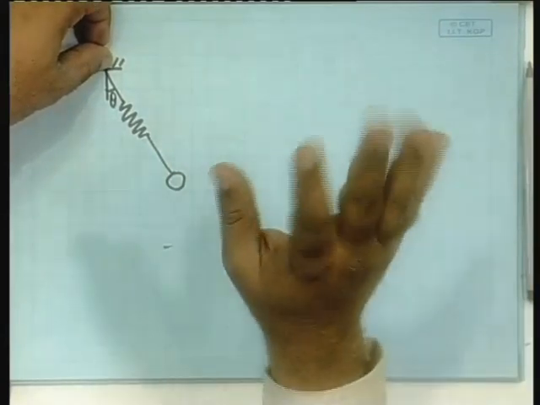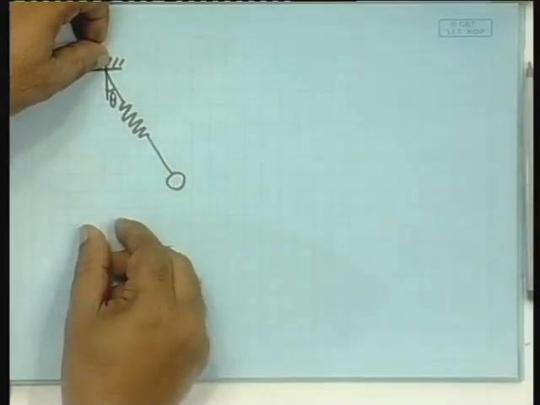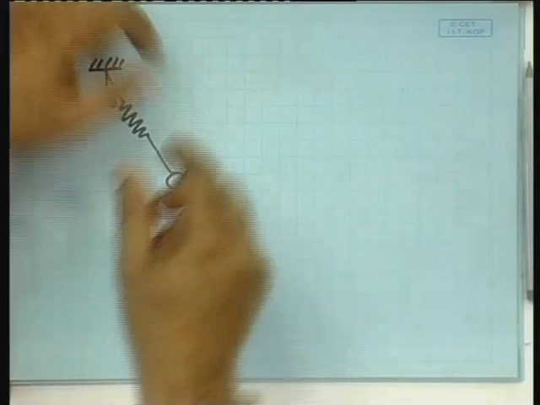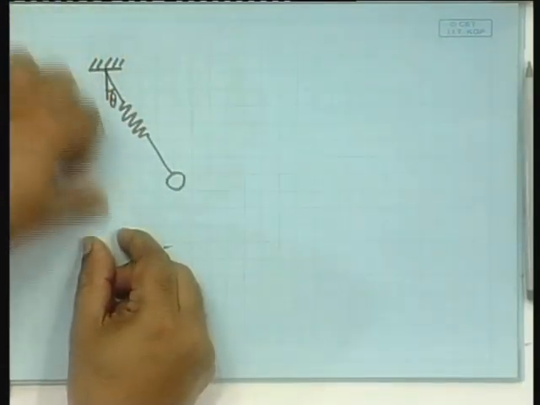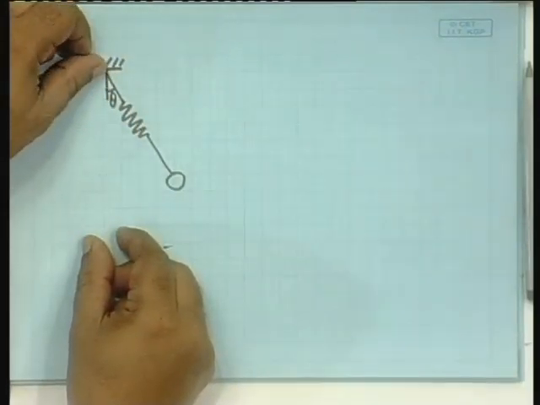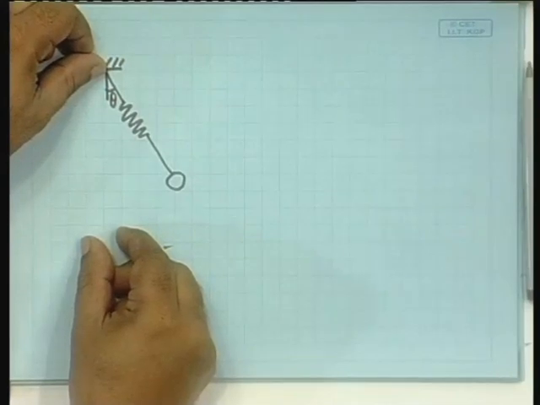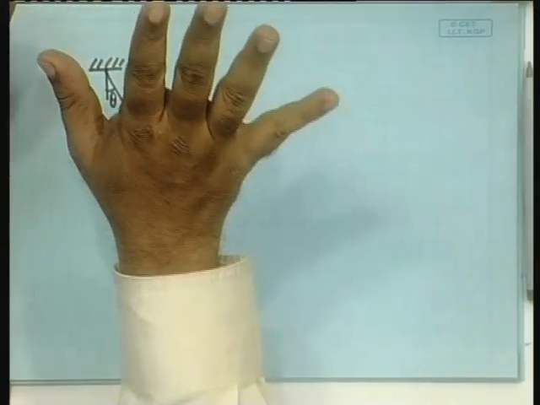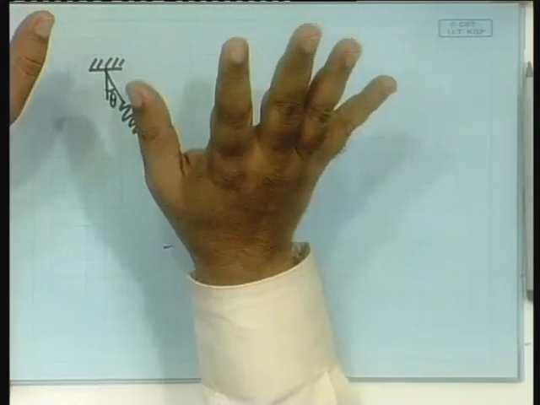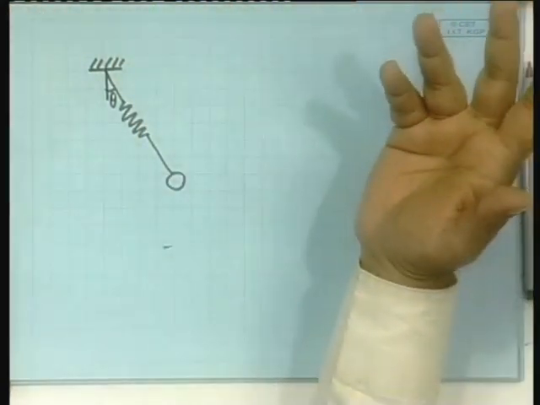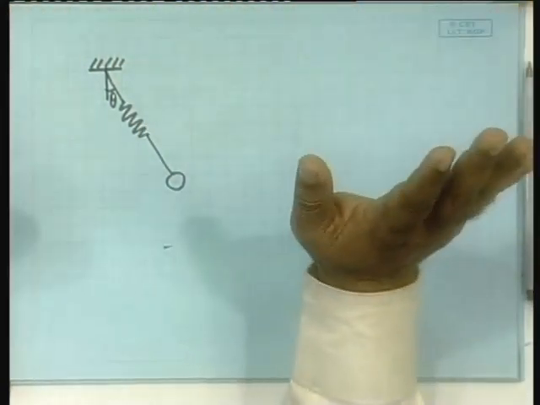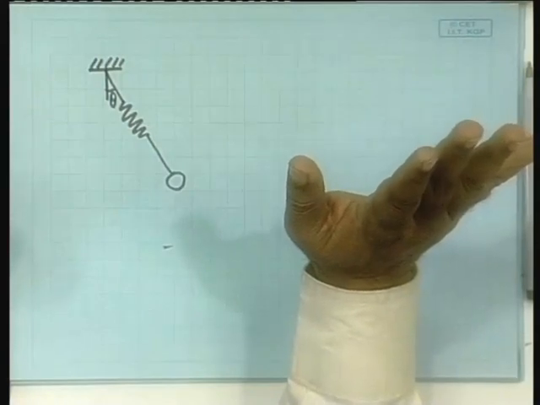You might say that no, let it hang freely here in this position, then it takes a particular length. Remember, in this position it is not unstretched, it is already stretched, but let that be the datum, and from there I will measure the difference. You could say that, and they will actually make no difference.